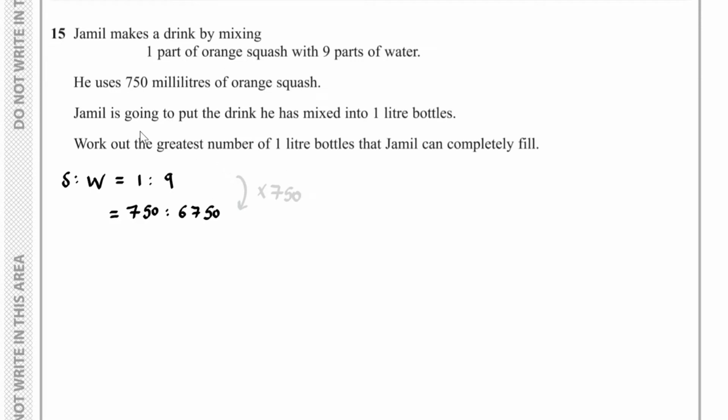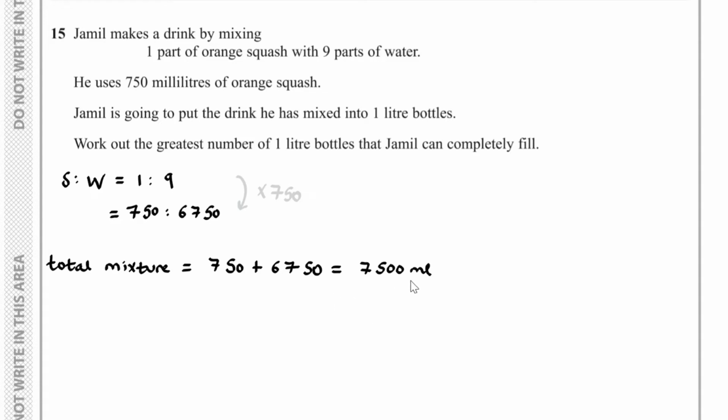And what he does after this is he puts the drink he has mixed into 1 litre bottles, and we have to work out the greatest number of 1 litre bottles he can completely fill. So the total mixture, he's got the 750 of squash plus the 6750 of water. So he's got 7500 milliliters of juice altogether.